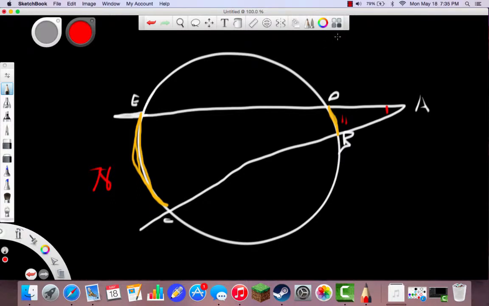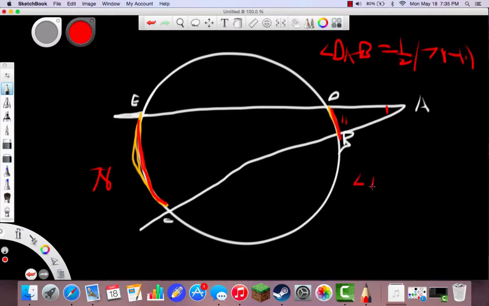Well, angle DAB is going to equal half of the bigger arc, which is EC, right here, which is 78, minus the smaller arc, which is 11 in this case.